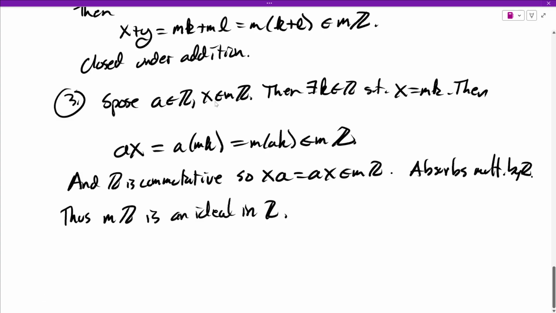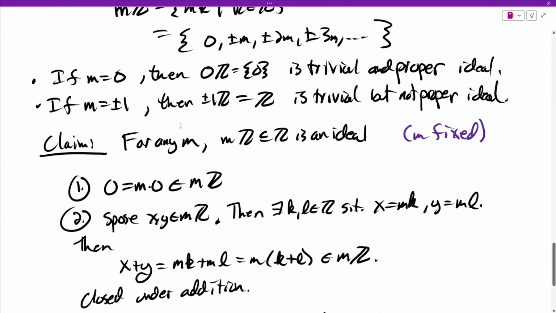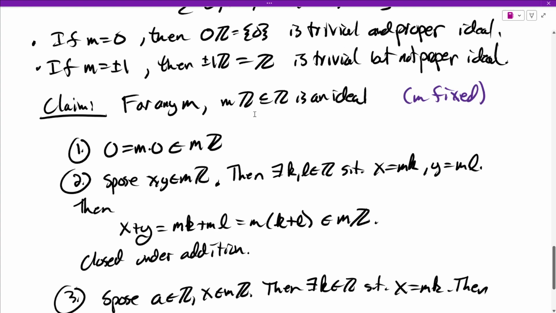Okay, so we have a nice infinite collection of examples: for any integer you pick, we have an ideal. These aren't unique though. We saw that plus or minus 1 both gave rise to Z, which was a trivial ideal.